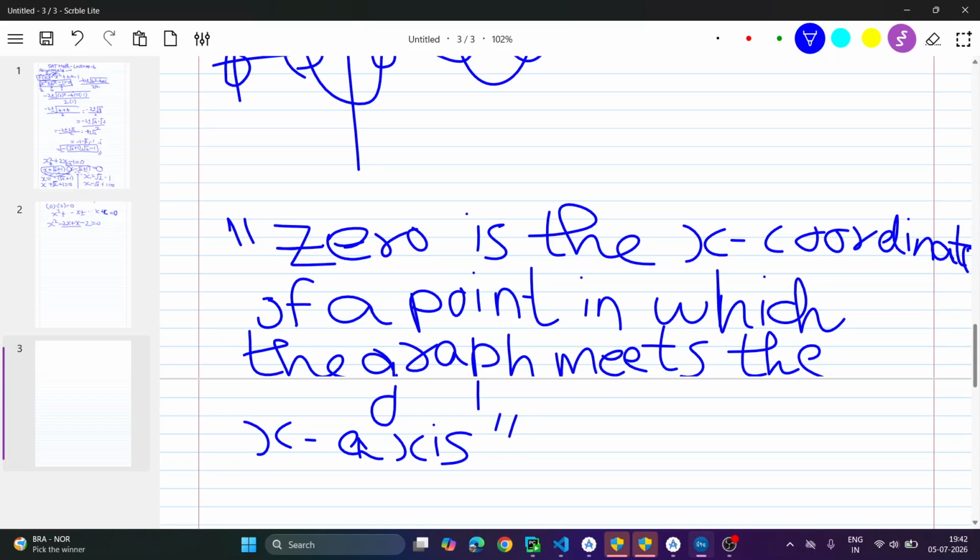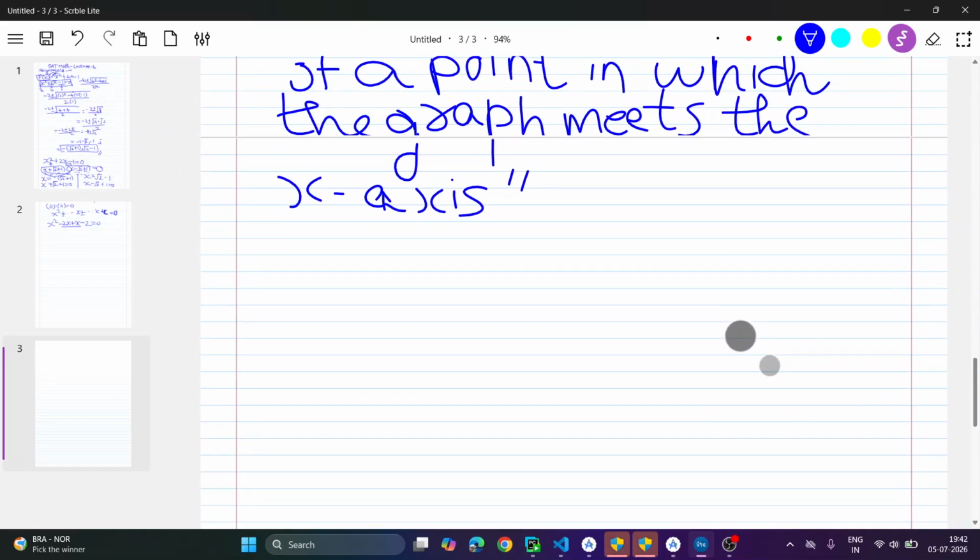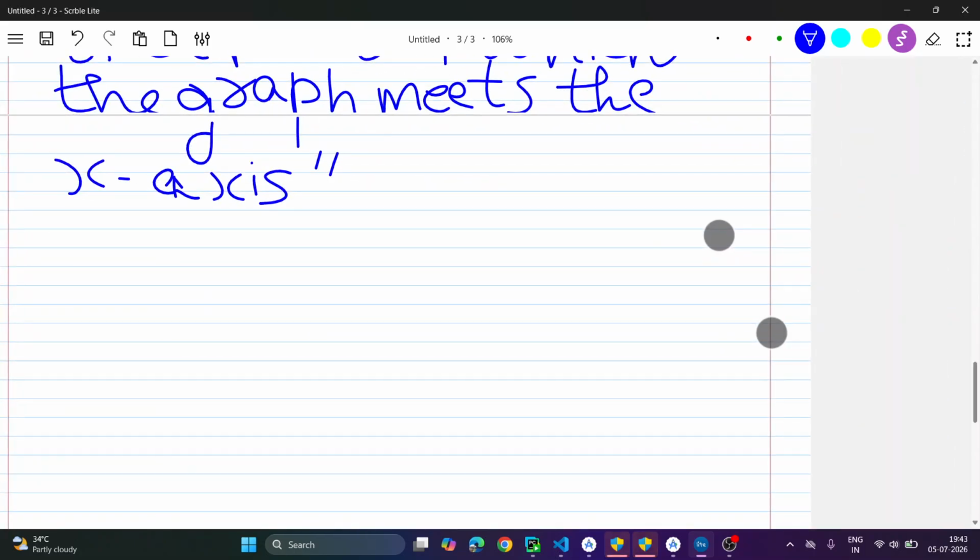Okay, so now that is what the x coordinate is. That's actually everything.